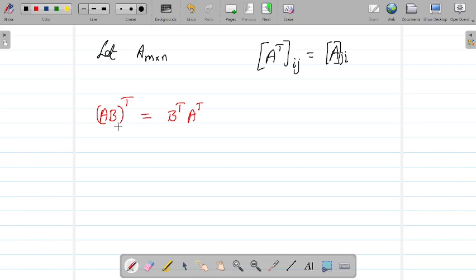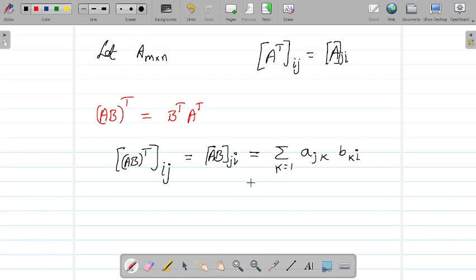So this you can write as a summation. Which one is fixed? The jth row in A and the ith column in B are fixed, and the rest can vary. So where is k running from 1 to what?